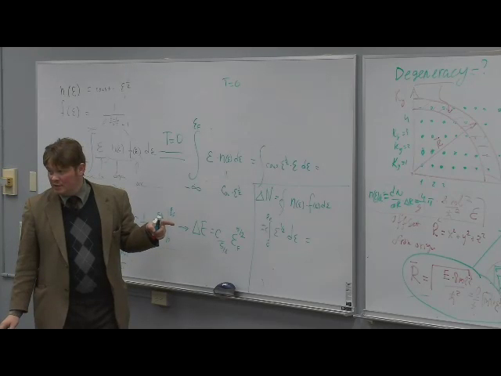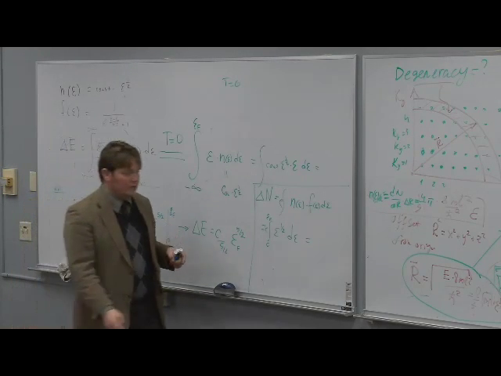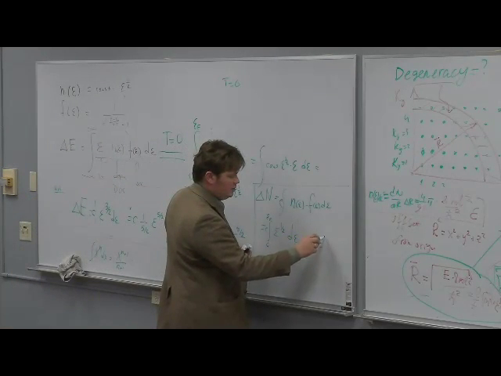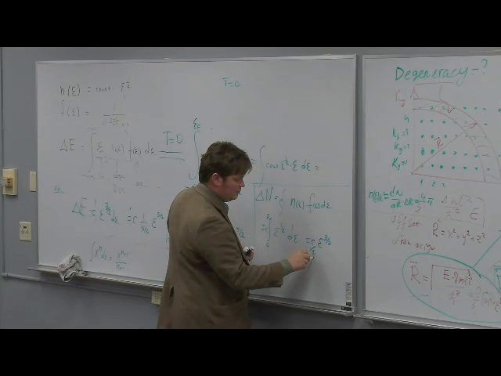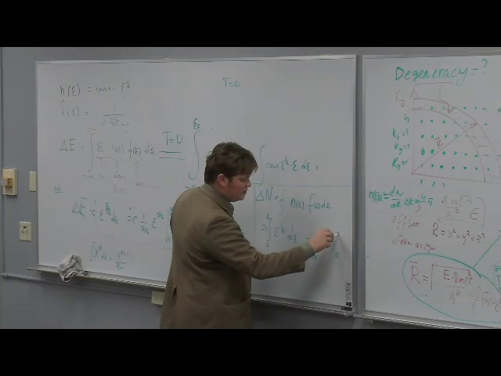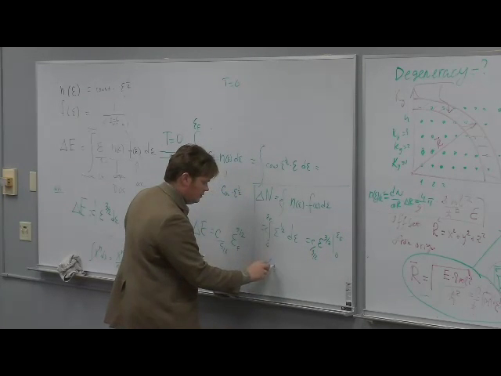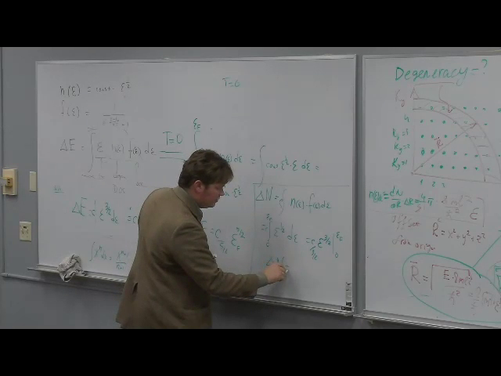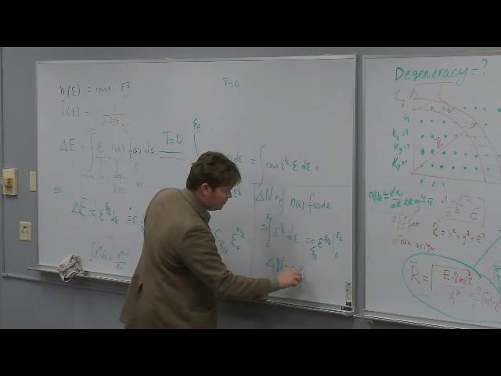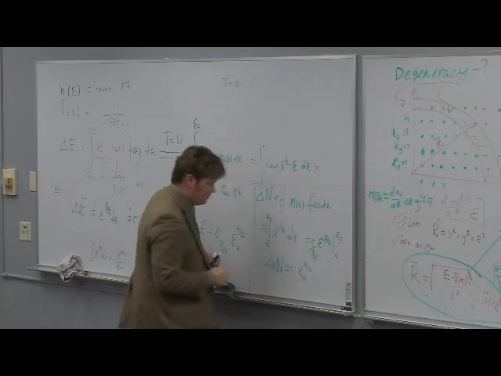Integration of power 1/2 leads to power E to the 3/2. And we evaluate from 0 to Fermi energy. So the total number of electrons will be a constant times Fermi energy to the power 3/2.